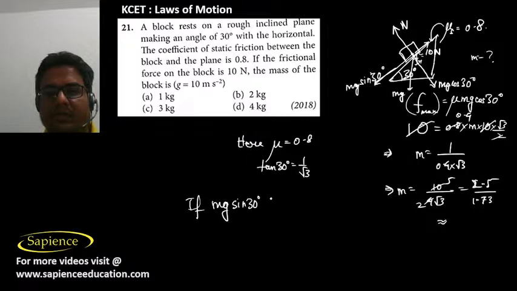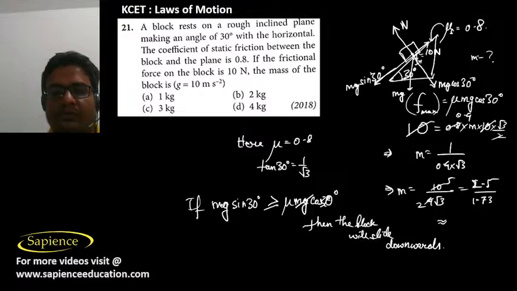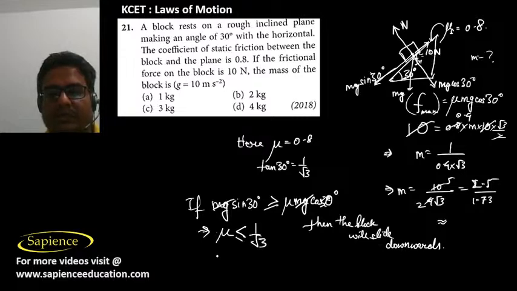If mg sin 30 is greater than or equal to mu mg cos 30 degree, then only the block will slide downwards. So mg and mg will get cancelled. So the block slides if mu is less than or equal to tan 30, that is 1 by root 3.